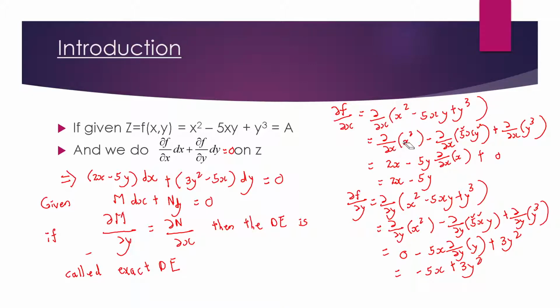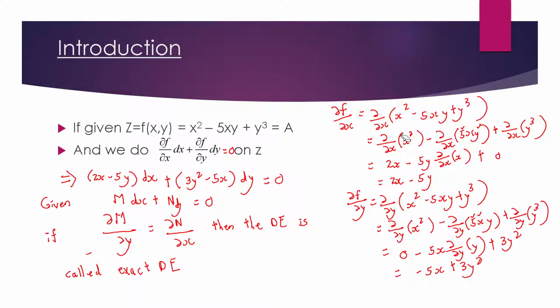So you bring the power 2 in front, and then x squared, for differentiation, 2 minus 1, so x to the power 1. If you integrate x squared dx, it will be x, power 2 increased by 1, so 2 plus 1 is 3, so divide by 3. Okay, I got it already.